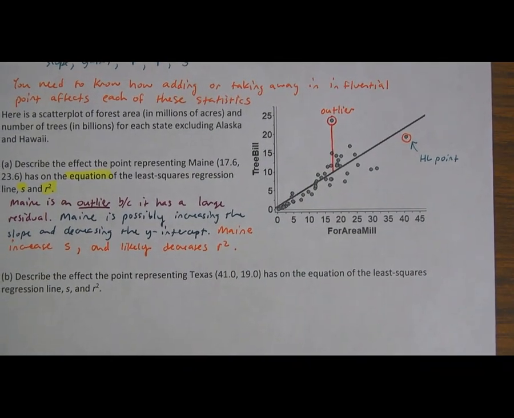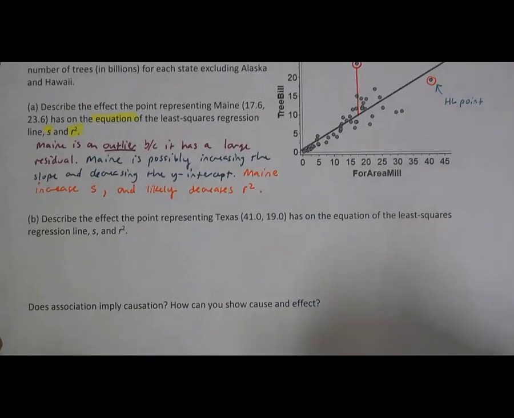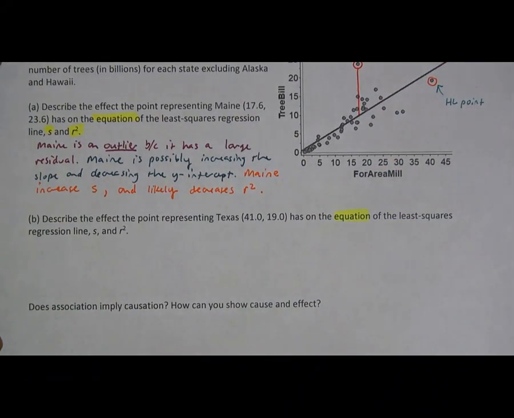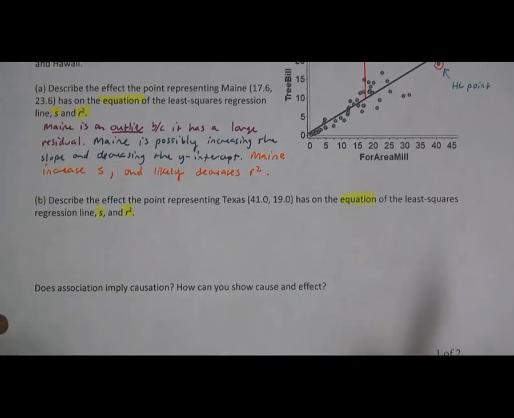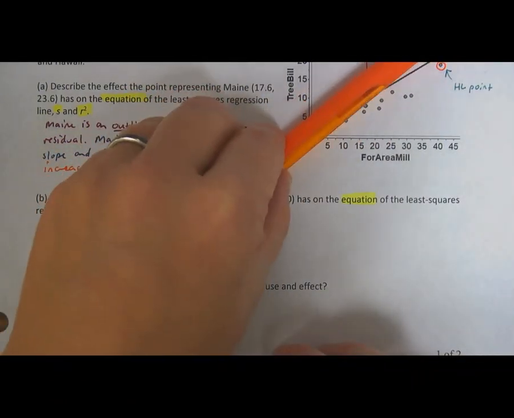High leverage points are going to have more of an effect on slope and y-intercept. But it does ask us to not only address the slope and the y-intercept, because it says the equation of the LSRL, but also S and R squared.